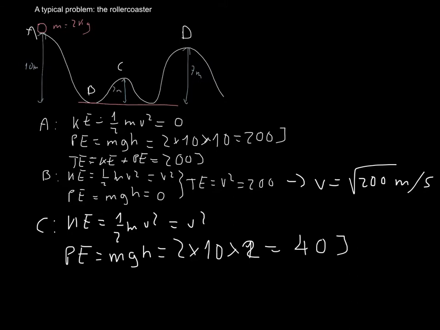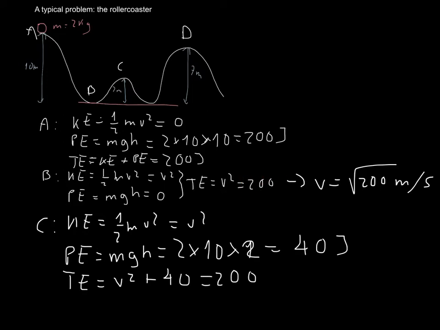So then, how much is the total energy? Well, the total energy will be equal to the kinetic energy, which is v squared, plus the potential energy, which is 40, and that has to be equal to the total energy, which I calculated before, that has to be 200. So that's equal to 200.